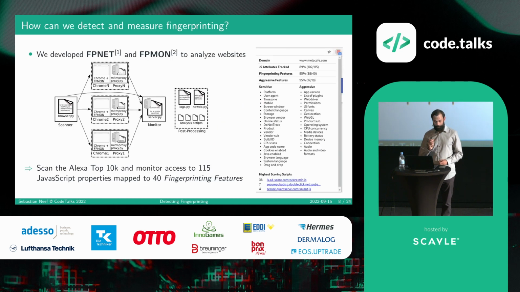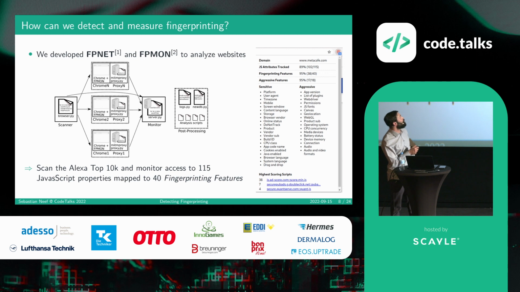So how did we measure that? For that, there are two tools that we have developed. One is the FP-Net Fingerprinting Networking Scanner, and the other is FPMON, which stands for Fingerprinting Monitoring. FPMON is a Chrome extension that can be freely downloaded, which you will see on the right-hand side.